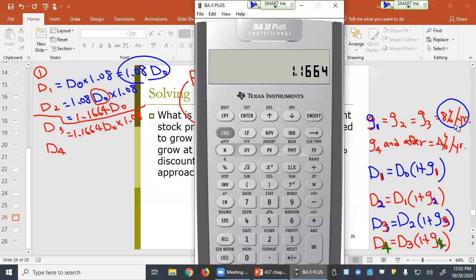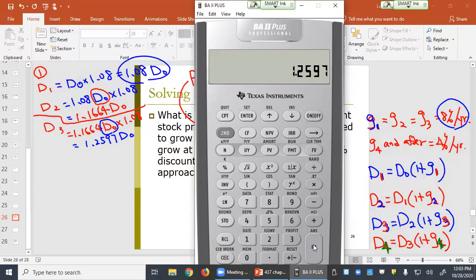I will again temporarily assume that this D0 does not exist. So I will use this first number, which is what I have in my calculator, and multiply by 1.08. I use this output to avoid rounding error. So that gives me D3 equals 1.2597 D0.